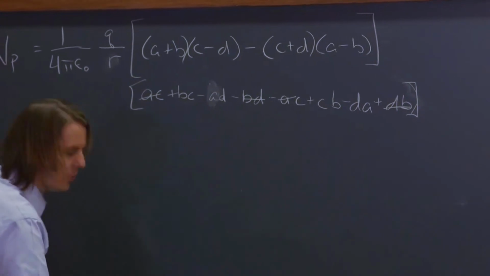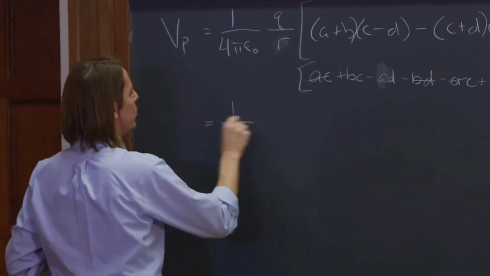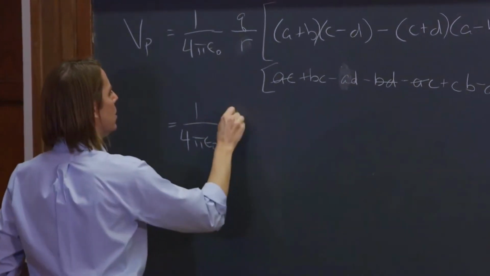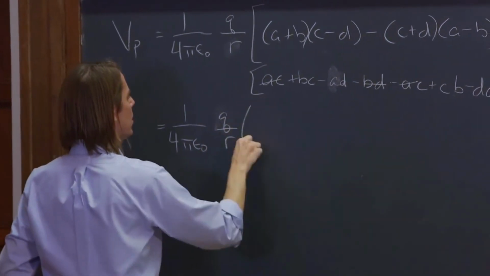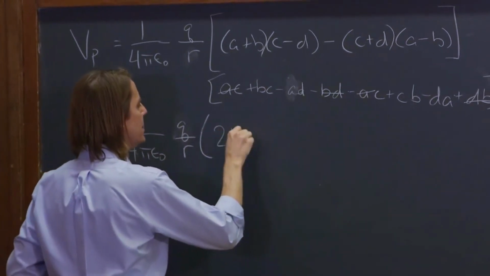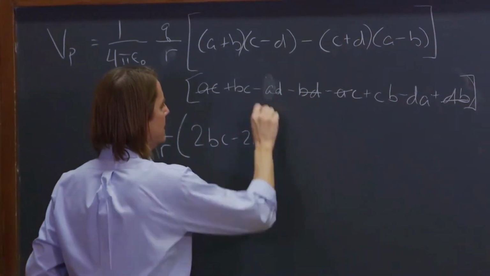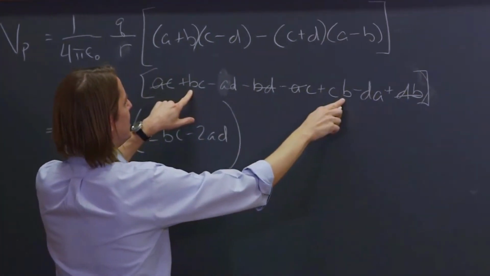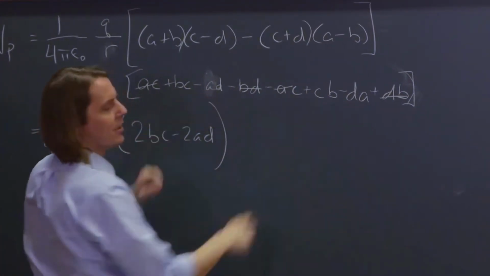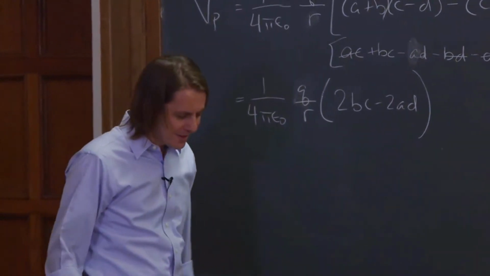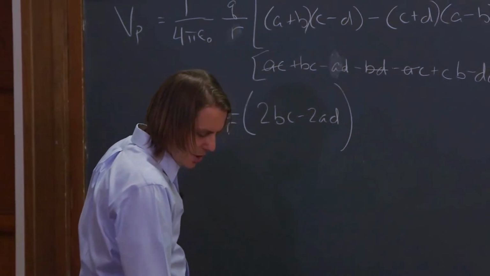So in the end, we get equals 1 over 4 pi epsilon naught Q over R, and two of these combined, you get 2BC minus 2AD. Right? BC, BC minus AD minus AD. There it is. That's the reason we did the ABCD, is that's a lot easier than actually dealing with all of those terms.